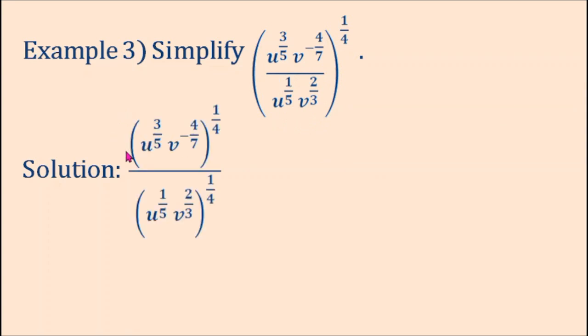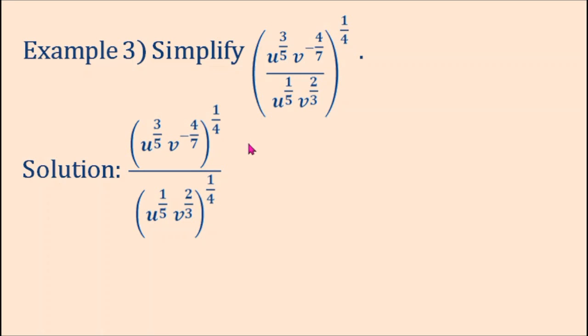So that is the quantity u to the power of 3 over 5, v to the power of negative 4 over 7, raised to the power of 1/4, over u to the power of 1 over 5 times v to the power of 2 over 3, raised to the 1/4 exponent.